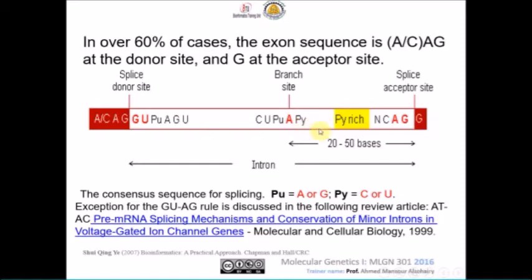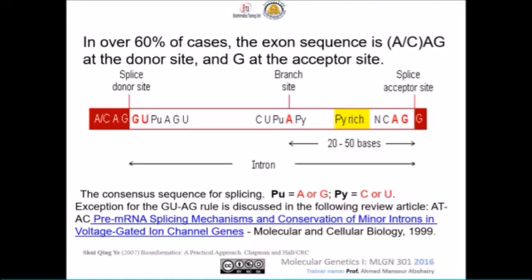And then of course we have a pyrimidine-rich region that is always in between the branch site and the splice acceptor. So this is the typical feature of an intron, and that's why we can very simply program a computer and make bioinformatics software that can detect where introns can be expected to be found.